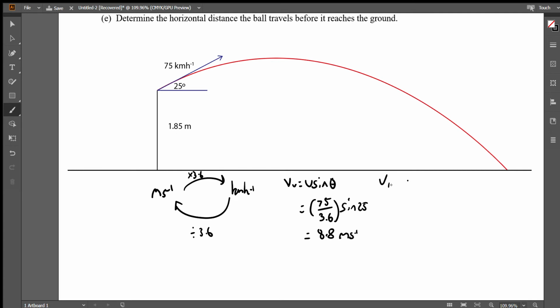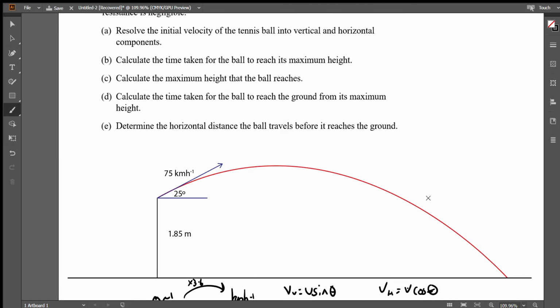And similarly for the horizontal component, v cos theta, and here 75 on 3.6 cos 25, and that should be 18.9 meters per second. So that's not too bad.